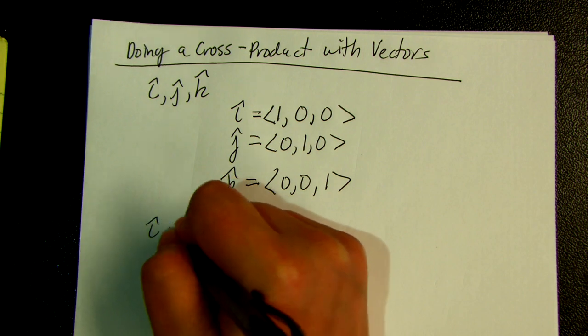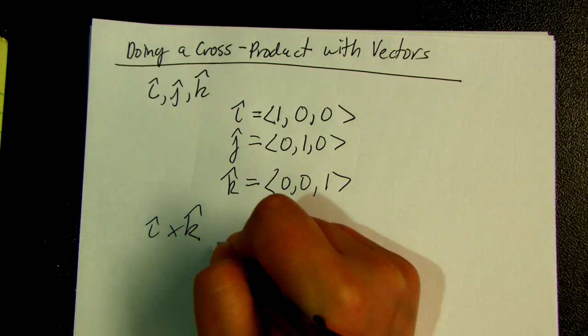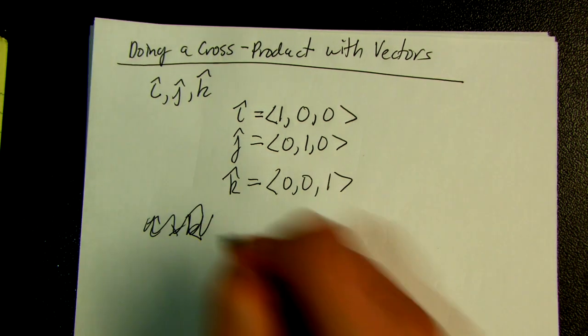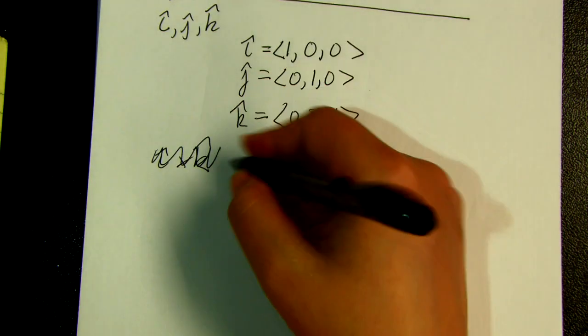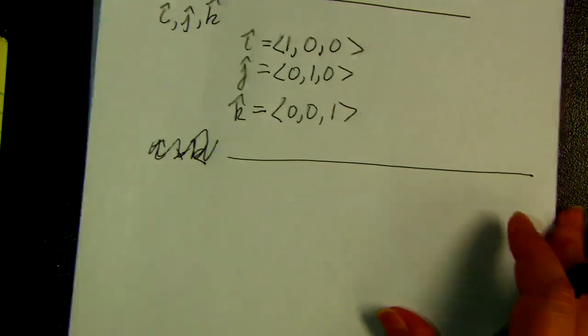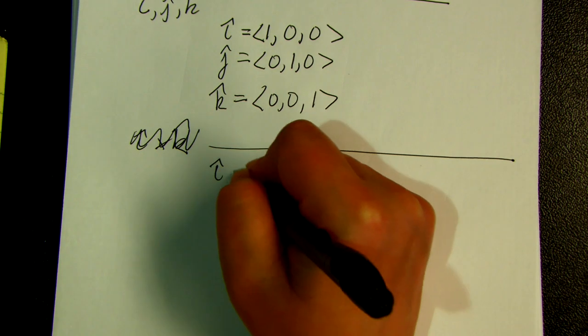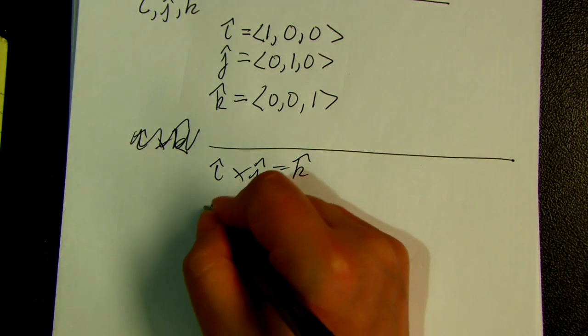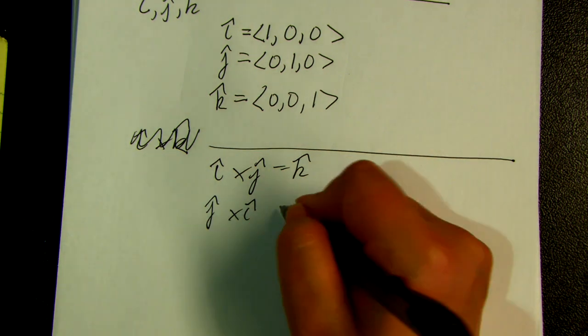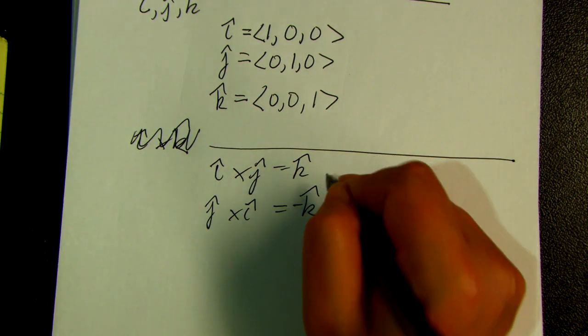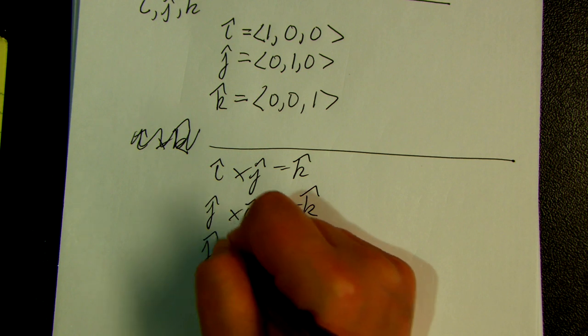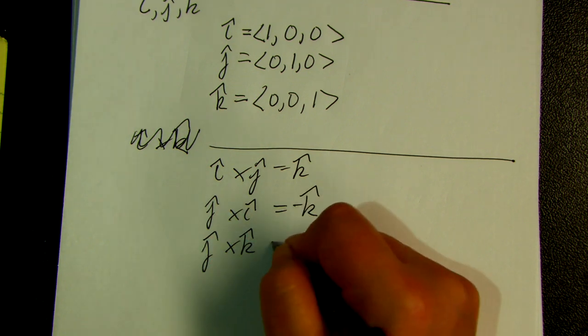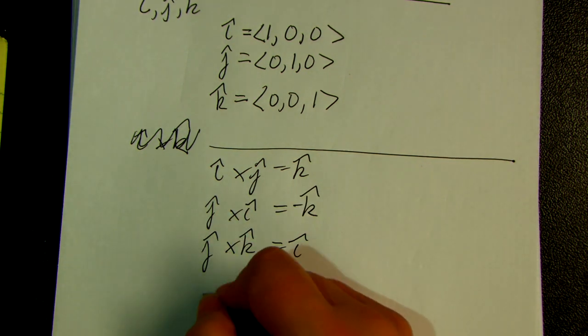So I cross j is equal to k hat. J cross I is equal to minus k hat. J cross k is equal to I hat.